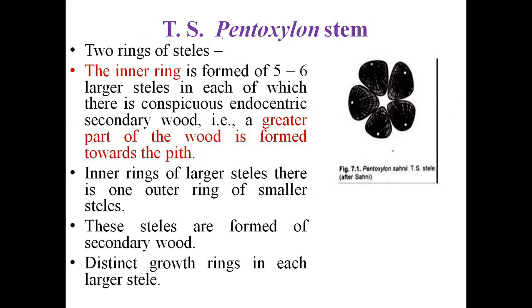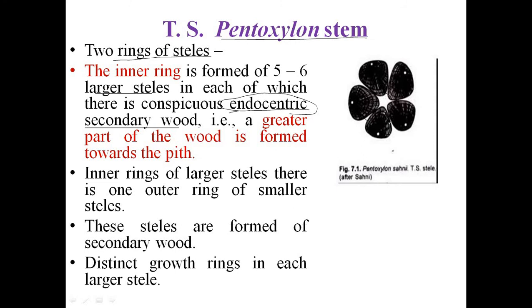In detail, when we go for the TS of the Pentoxylon stem, there are 2 rings of steles. An inner ring is with 5 to 6 larger steles, in which there is a conspicuous endocentric secondary wood. What is endocentric? A greater part of the wood is formed towards the pith.